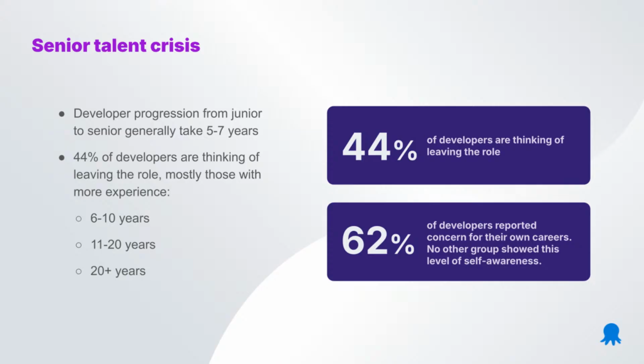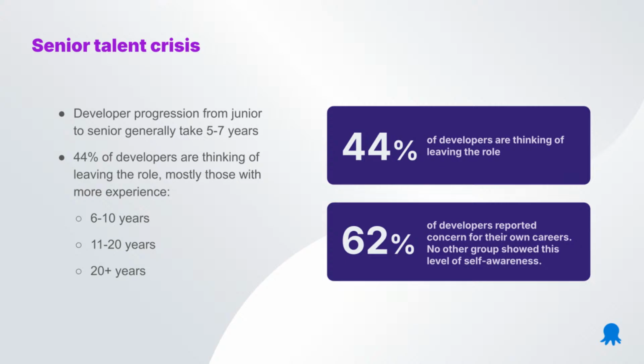Then the normal trajectory of developers in the industry: this is a stat, again from the 2025 Stack Overflow survey, that 44% of developers are thinking of leaving the role, mostly those with more experience. So this is the 6 to 10 years, 11 to 20 years, and 20 plus years of experience.